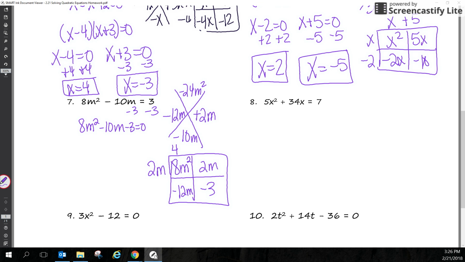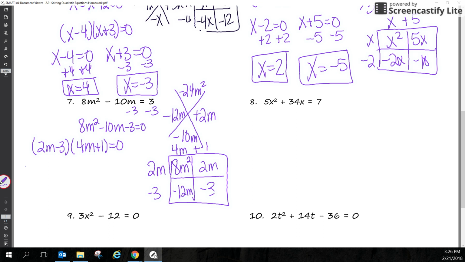What times m gives me m squared? That's 4m. All right, then what times 2m gives you 2m? That's 1. What times 4 gives me negative 12? That's negative 3. Does negative 3 times 1 give me negative 3? It sure does. So this guy factors out to 2m minus 3, 4m plus 1, and that's equal to 0.